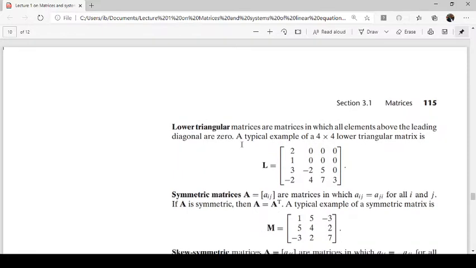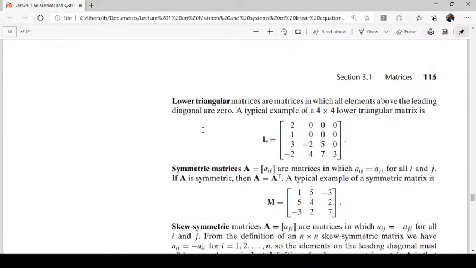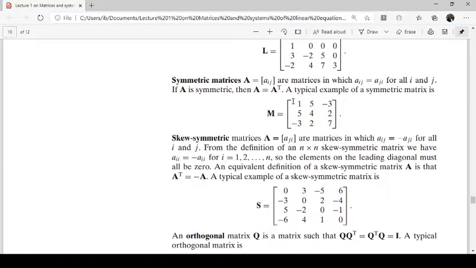When all the elements of a matrix above the leading diagonal are 0, we call that a lower triangular matrix. Now, a symmetric matrix is a matrix where A is equal to the transpose of A. I have matrix A, the transpose of that matrix is equal to A, we say that matrix is symmetric.